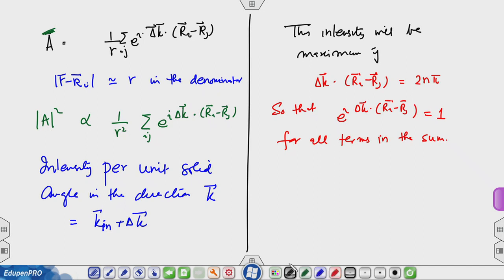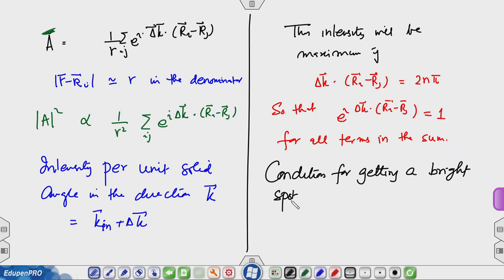So, let us conclude on this condition for getting a bright spot in X-ray scattering: delta k dot (r_i minus r_j) must be equal to 2 n pi, where n is an integer.